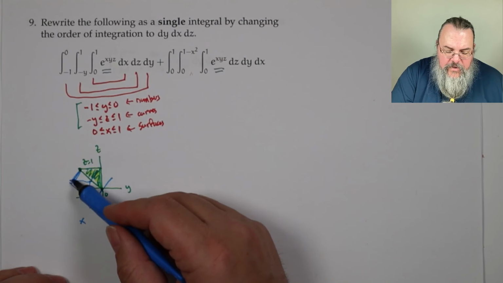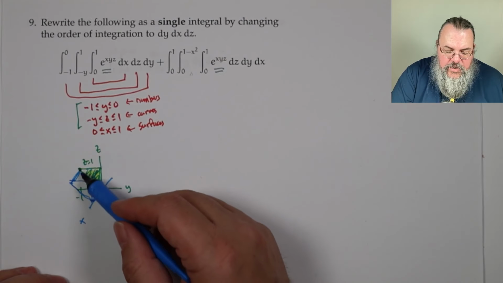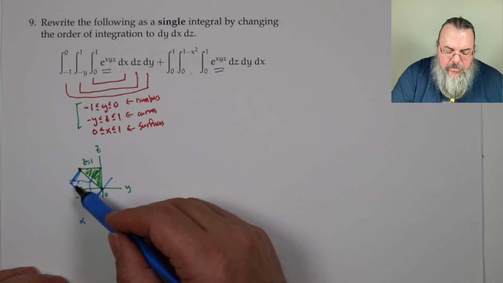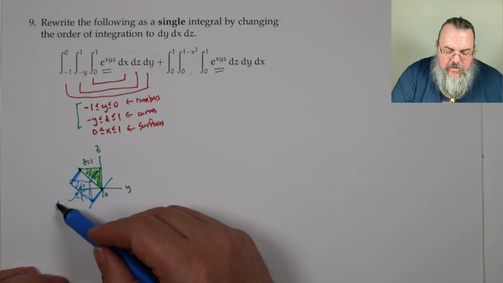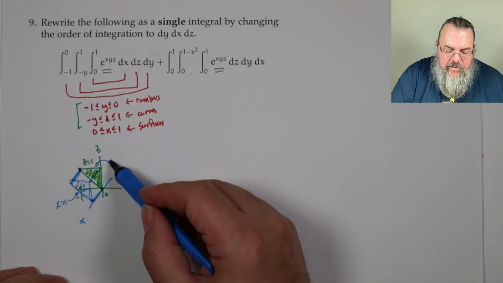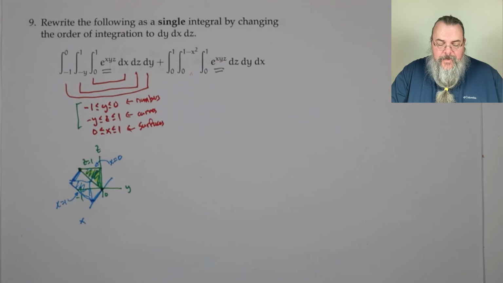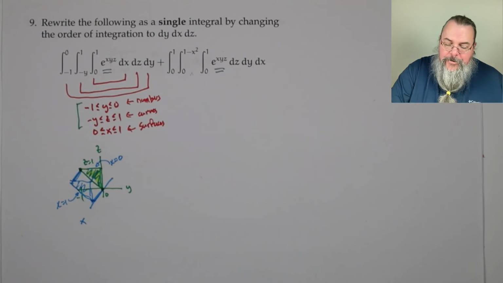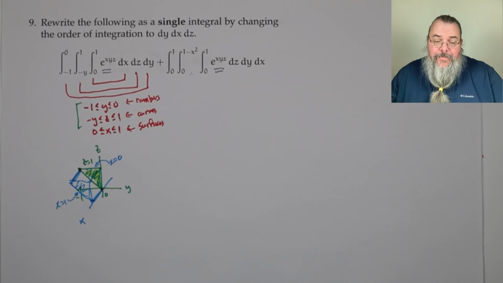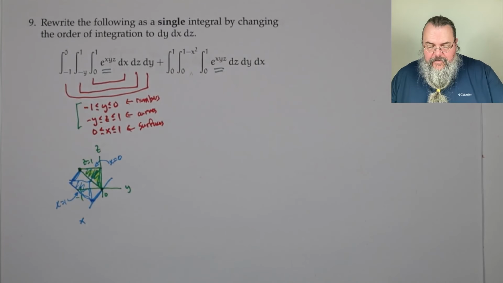So essentially we have a wedge. This face right here is x equals 1. This back face here is x equals 0. So we have this triangular wedge. So that's that integral. We're going to do the same thing with this integral next.